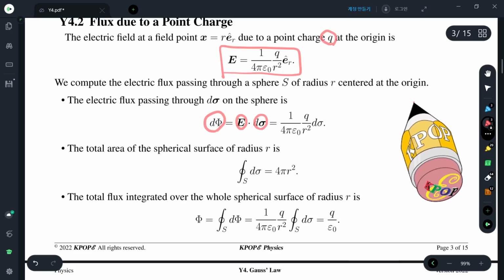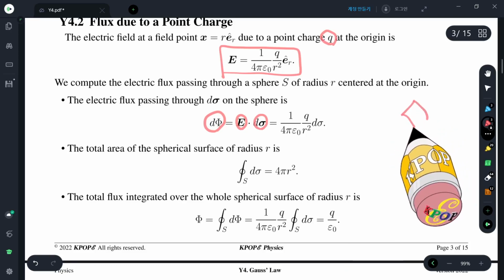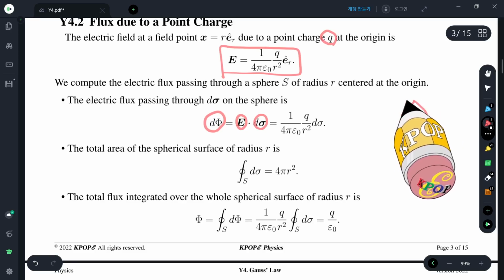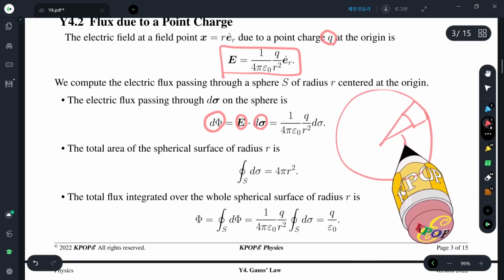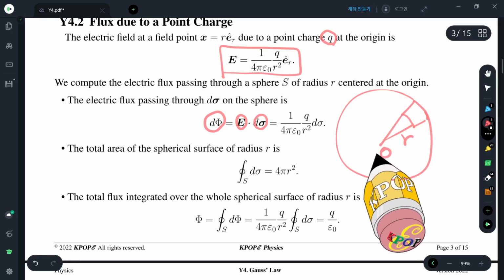Previously, we learned how to parameterize the spherical surface of radius r centered at the origin.